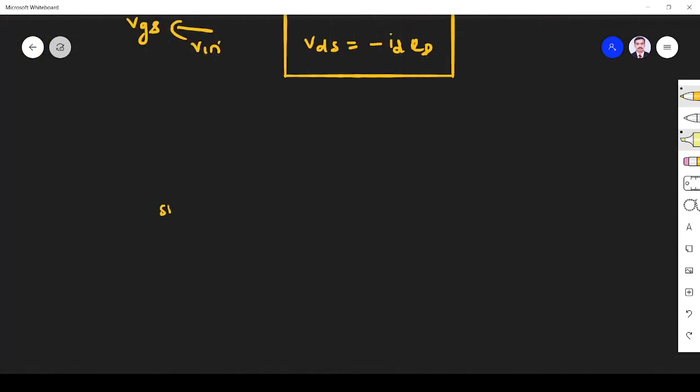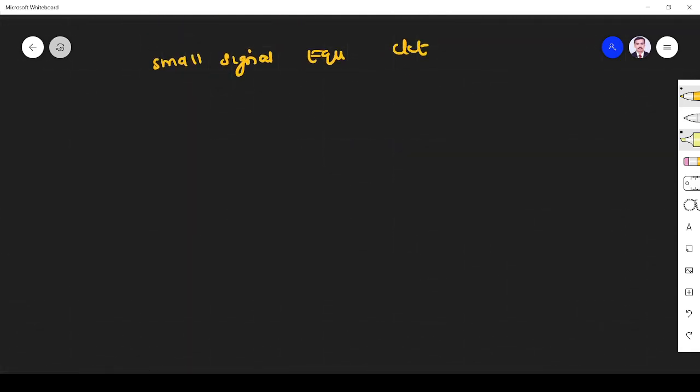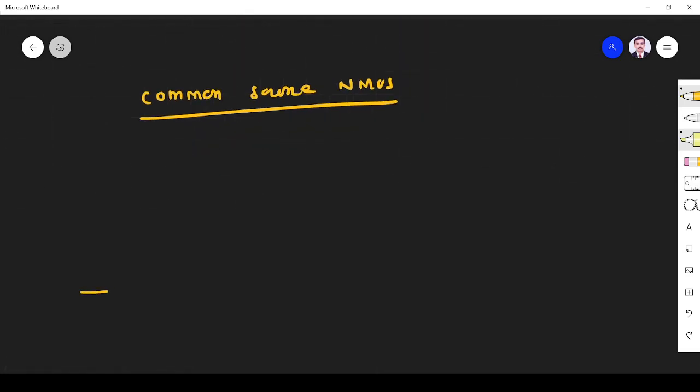How can we draw the small signal equivalent circuit? Let us take a common source NMOS. How are we going to draw the small signal equivalent? So this is common source, right?